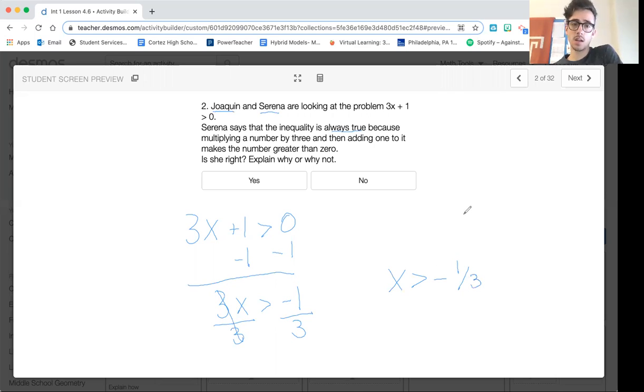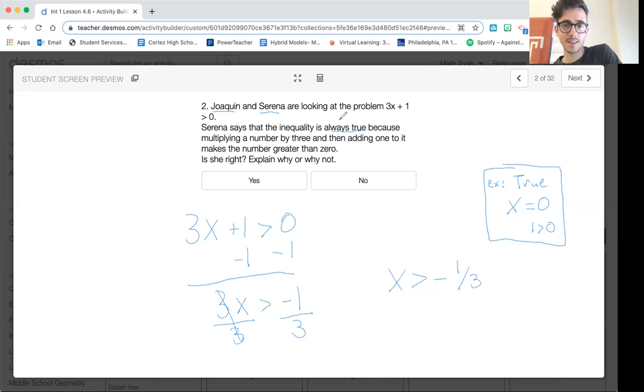So any number that's greater than -1/3 should work. So you have some options here. If x is 0, that's true. That's going to say that 1 is greater than 0.